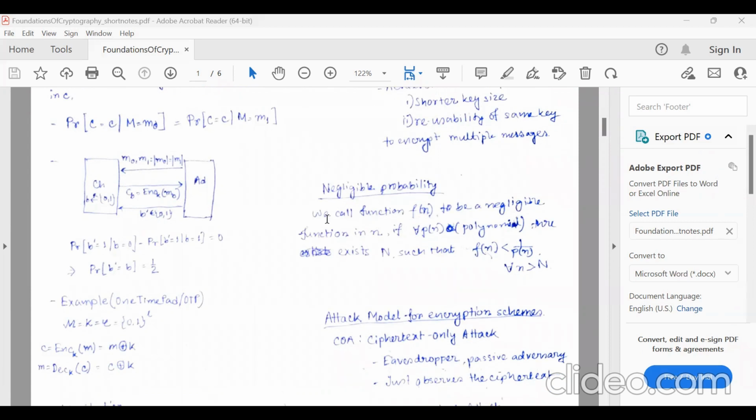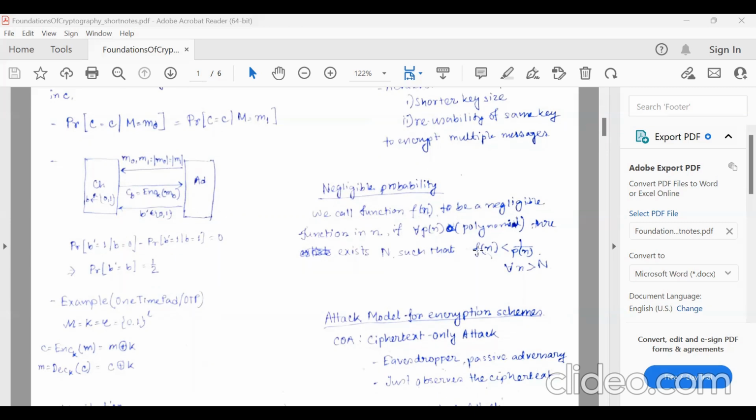So what is negligible probability, or what is called a negligible function? We call a function f of n a negligible function in n if for all p of n, which is nothing but some polynomial function, there exists some capital N such that f of n is less than 1 by p of n. So there should exist some capital N, beyond which the value of f of n is even less than the inverse polynomial.